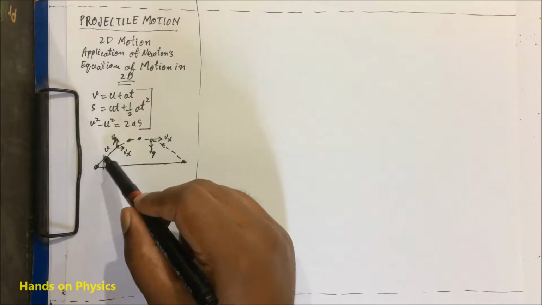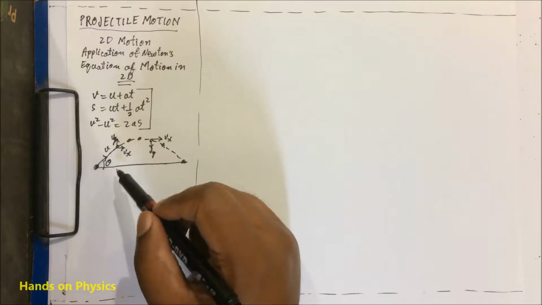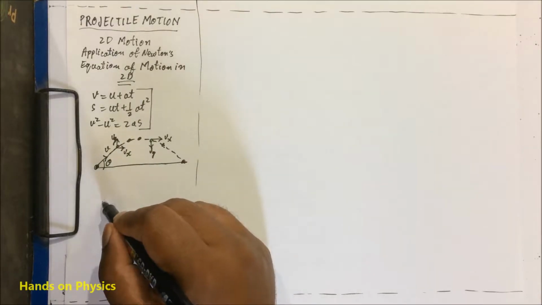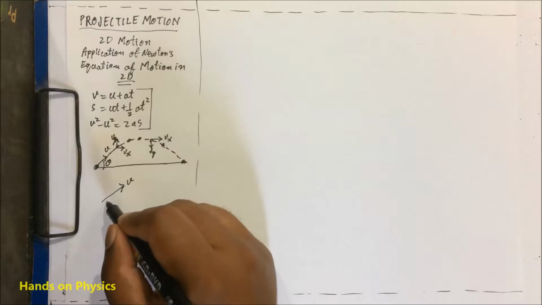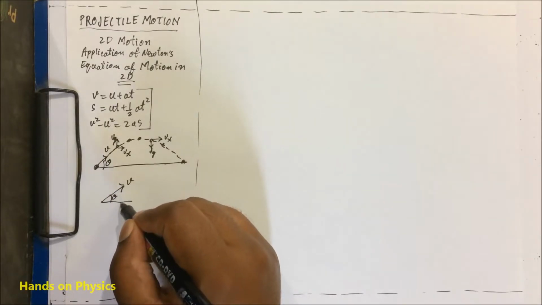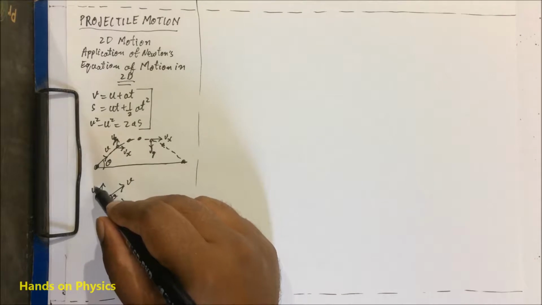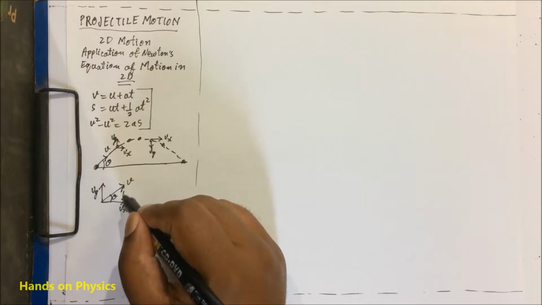So we need to learn how we can convert this velocity into its components along the axes. If this is the velocity v at an angle theta, the component of this velocity in the x-axis direction is Vx, and in the y-axis direction is Vy.